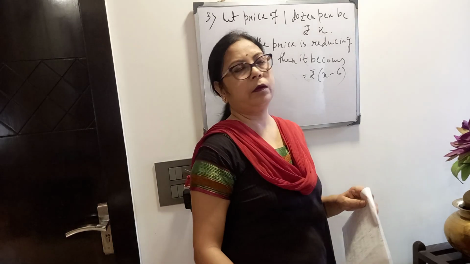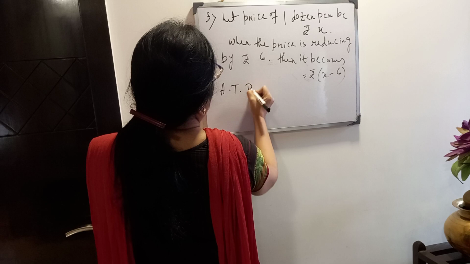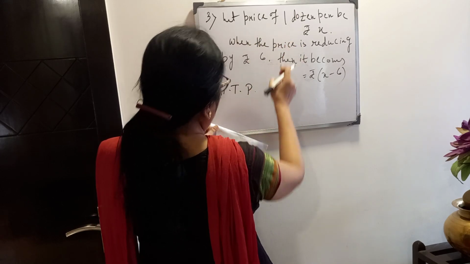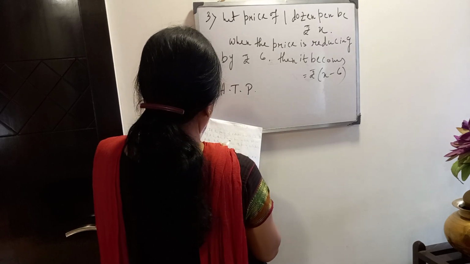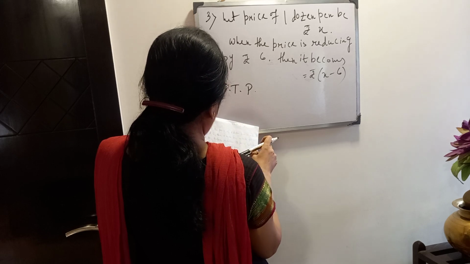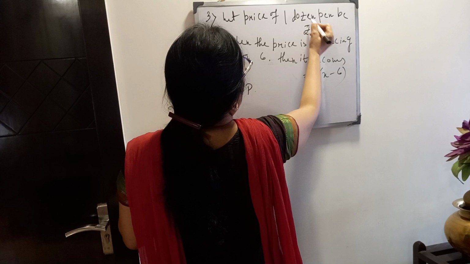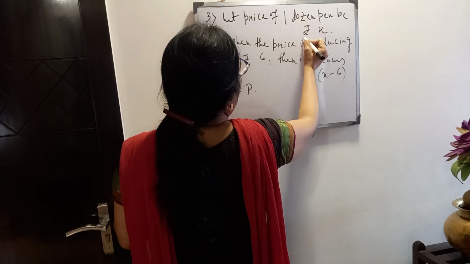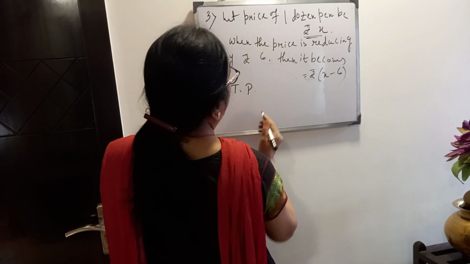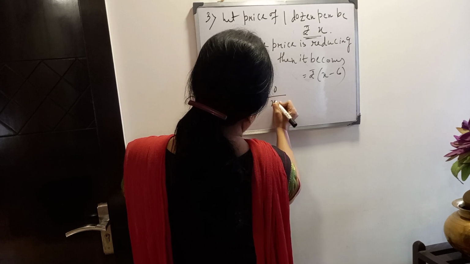So our equation will become, in details you have not to write down, if the price of 1 dozen pen is reduced by rupees 6, then by rupees 30, how many pens you will get? You will get 30 by x dozen.